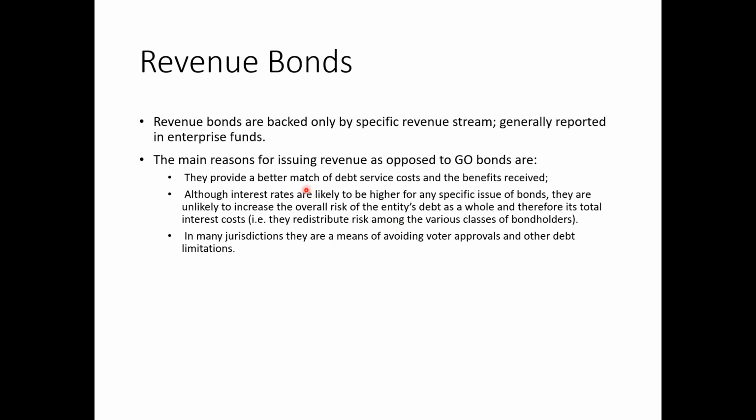And also, usually we issue those revenue bonds in enterprise funds. We know that's business activities, right? So we don't have to obey the debt limitations of the government fund. Usually the government fund is well budgeted, okay?